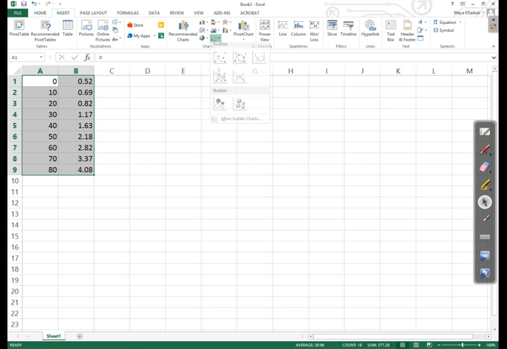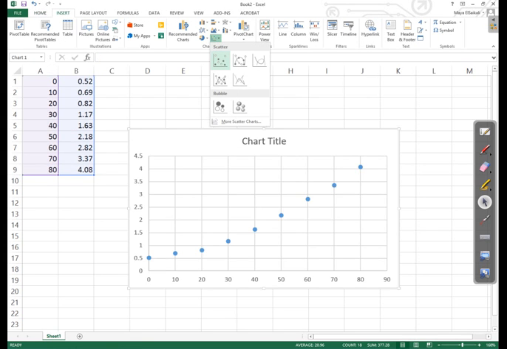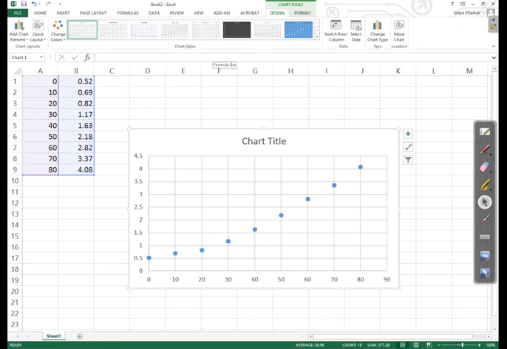Okay? The question is very clear and they want you to find an exponential regression, right? It's not asking you for linear, it's not asking you for quadratic, it's asking you for exponential, okay?